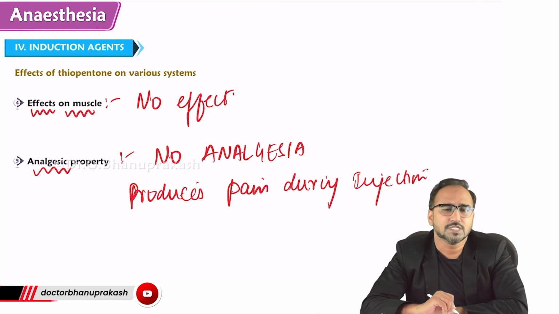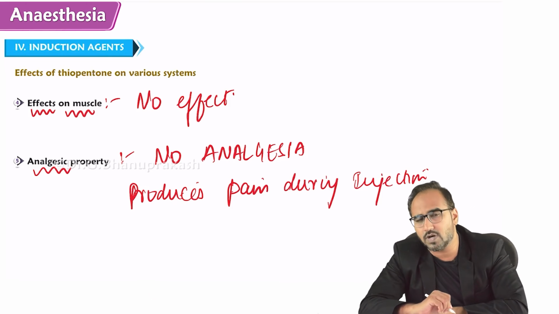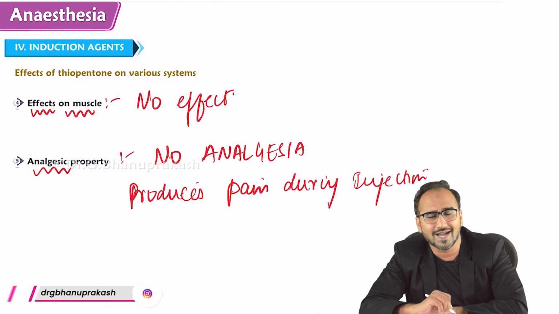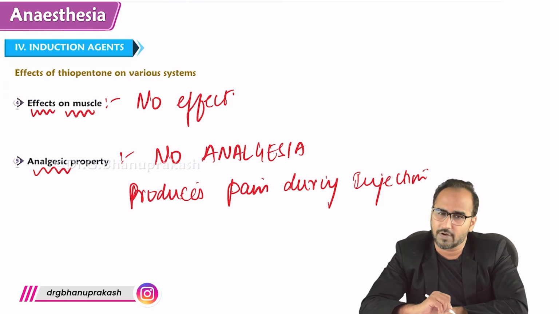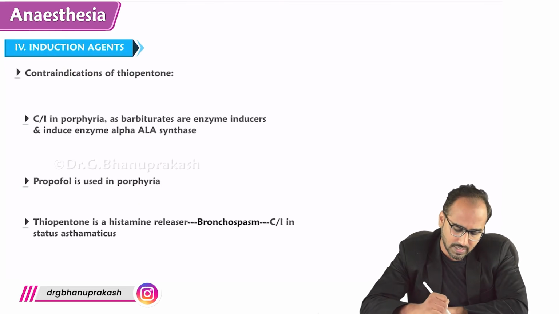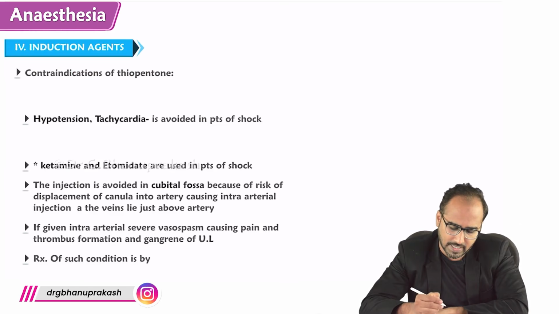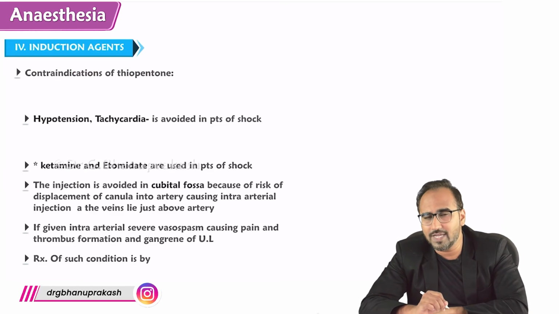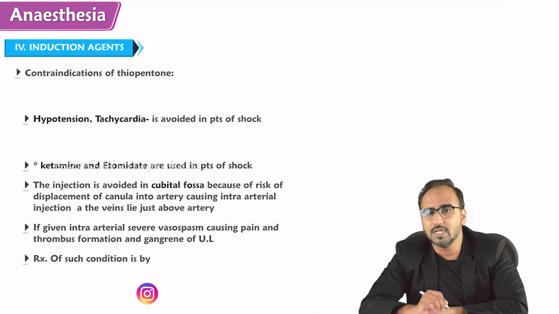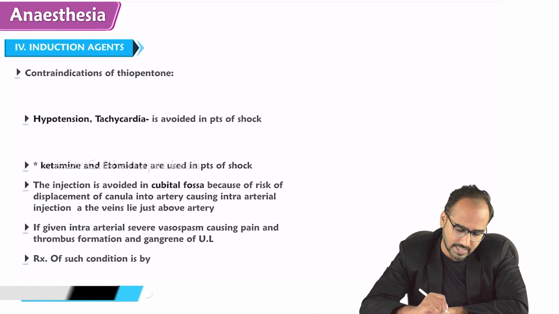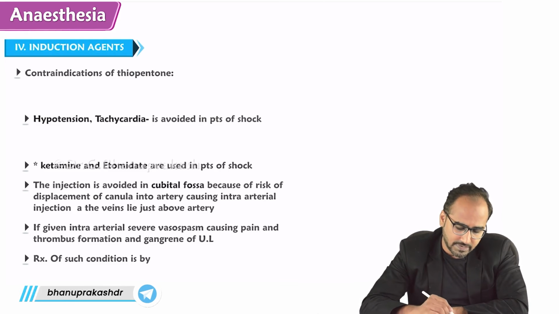Apart from that, sodium thiopentone is also contraindicated in a person who is suffering with a disease called acute intermittent porphyria. In acute intermittent porphyria, if you give sodium thiopentone, the porphyria gets worsened. There will be worsening of porphyria, right? So guys, we are discussing the contraindications of thiopentone.